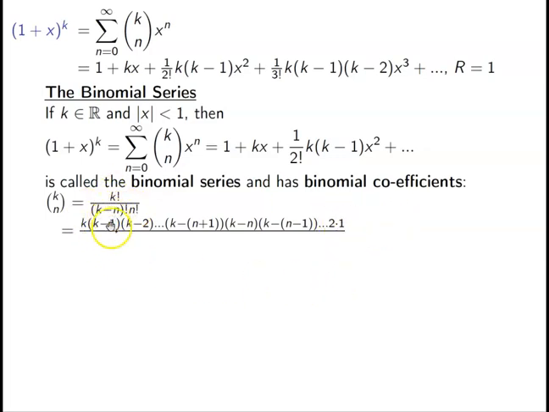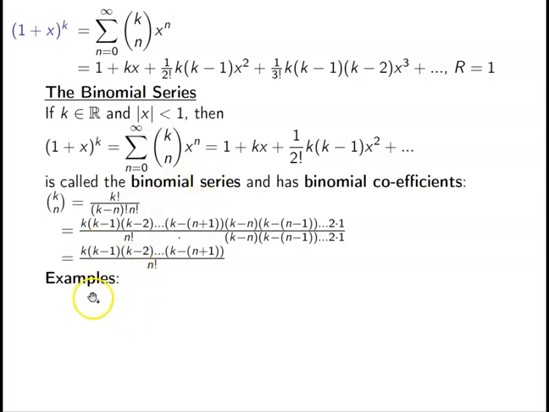On the bottom, I have k minus n factorial, which matches up right here: k minus n, k minus n minus 1, etc., down to 2, 1. I also have n factorial. So I'll put the n factorial over here, and I'll line up my k minus n factorial over here with everything that it cancels with. Okay. So then what I'm left with is just this stuff, right? K minus 1, k minus 2, down to k minus n plus 1, over n factorial. So let's look at some examples.